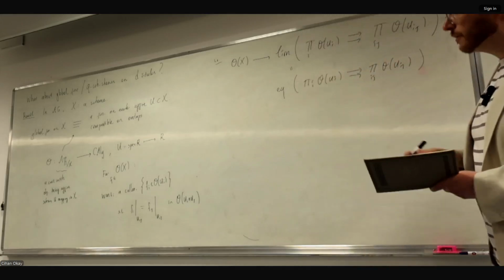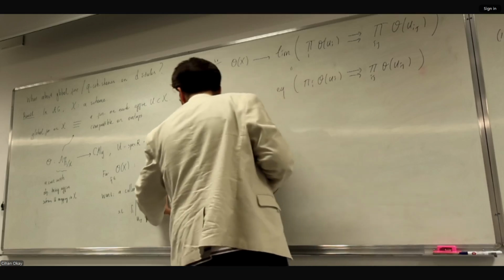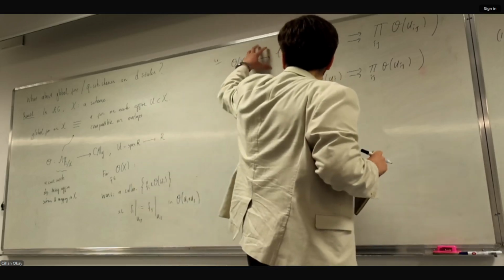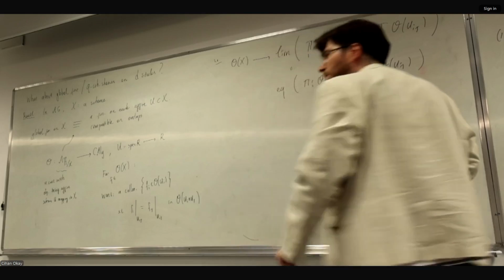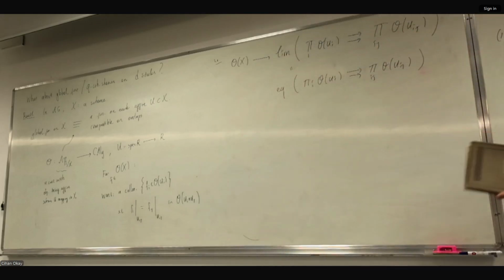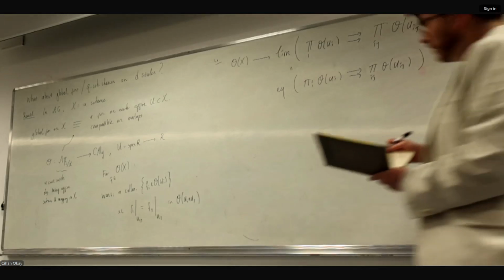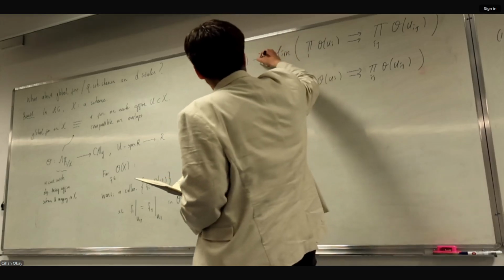An equivalent way of saying this is the existence of this limit and this isomorphism between these two things. This is the equivalent way of writing the sheaf condition, actually, if you look carefully. So this is what we should impose.